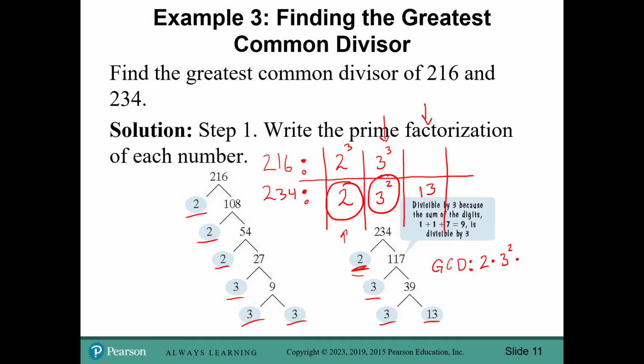And then the smallest power of 13s, and if there isn't one, I don't include one, right? So that's it, just the smallest power. So that's a 2, that's 3 to the second, and I multiply those together. 3 to the second is 9, times 2 is 18. So my greatest common divisor, or greatest common factor as it's also called, is 18.